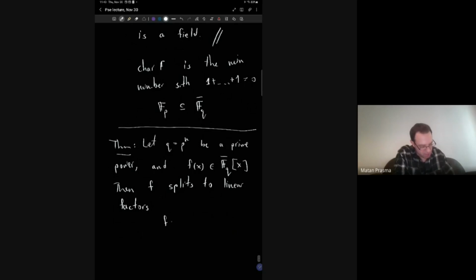Let's say f is equal to alpha times the product of x minus alpha i, i equals 1 to n, of course for alpha and alpha 1 up to alpha n some elements in the algebraic closure.